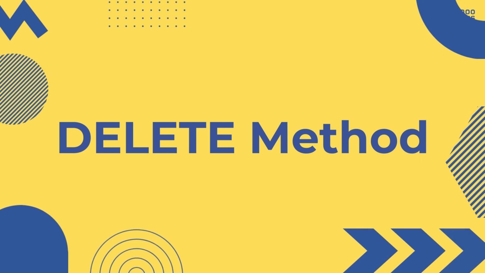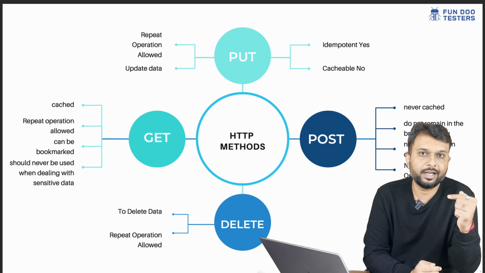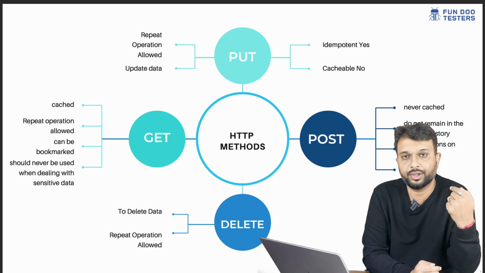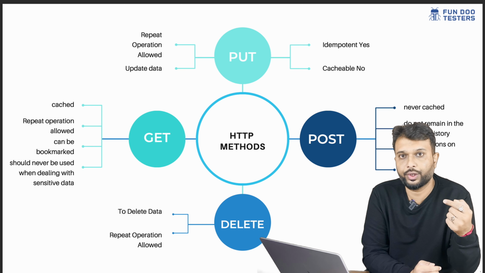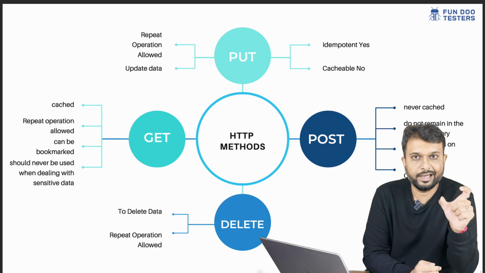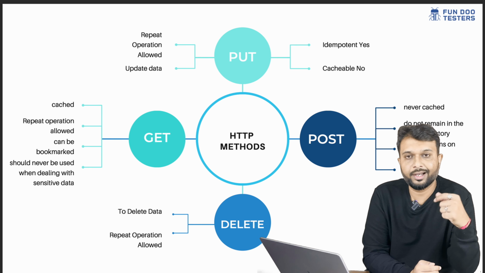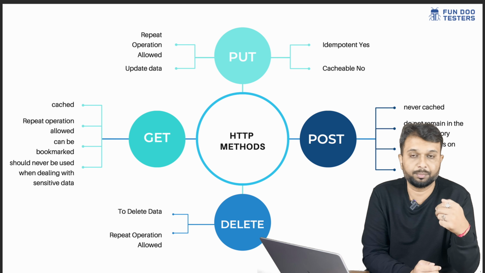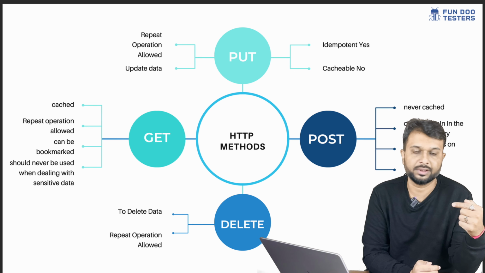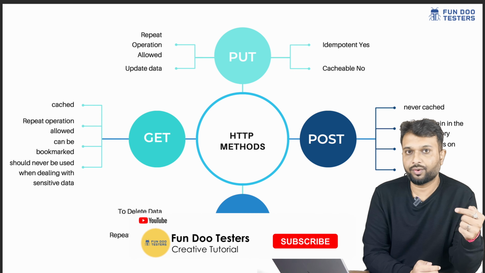And lastly, we have the delete request. So a delete request is again to delete some resources. If we have created some resource and we want to delete it, then we hit a delete request with the ID or something unique about that data. We have to pass a unique parameter, and using that we can delete the resource. But again, like a get request, you can hit the delete request multiple times and there is no impact on the server or data.